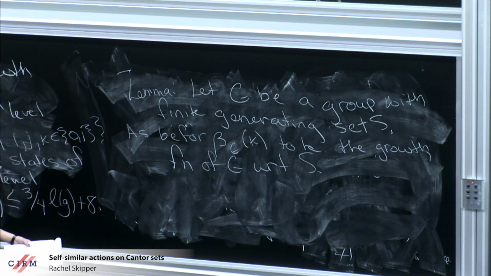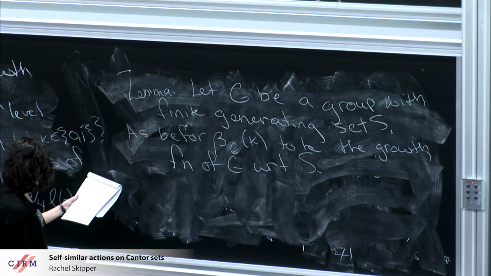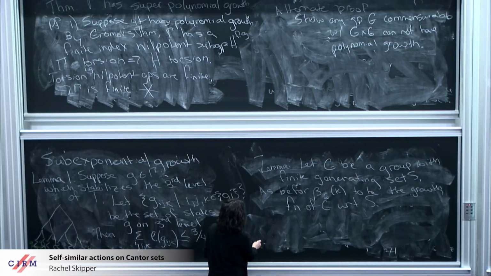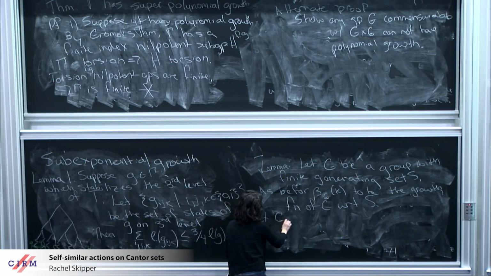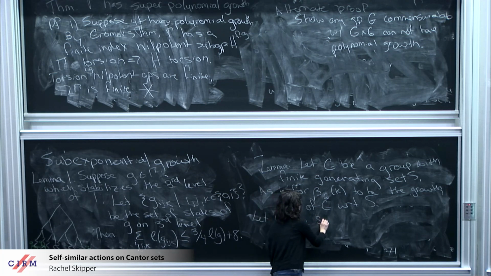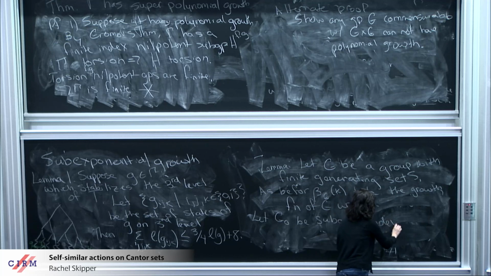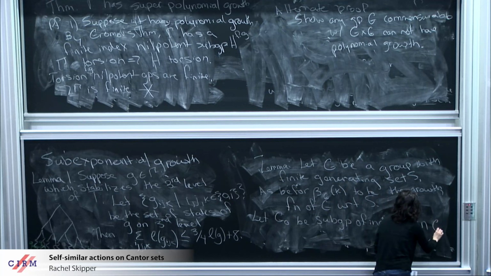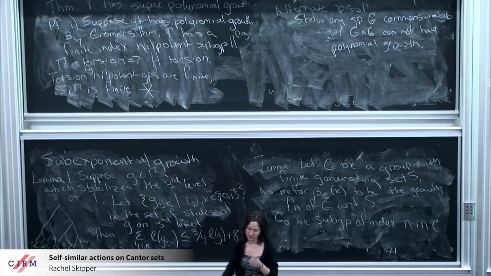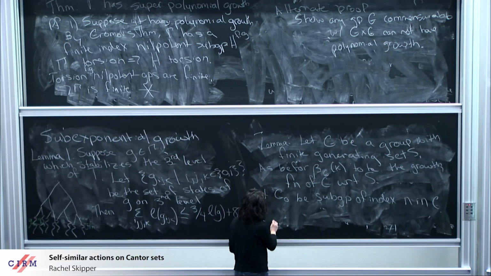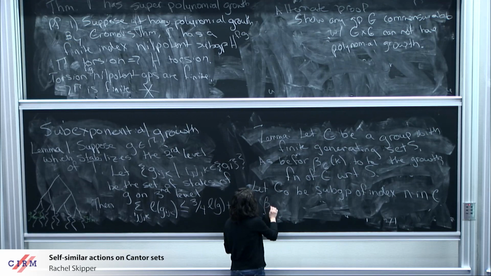All right, and now let's let G_0 be a subgroup of index n in G, and we're going to define another function, β_0(k).